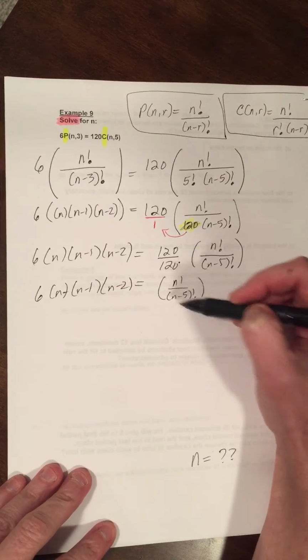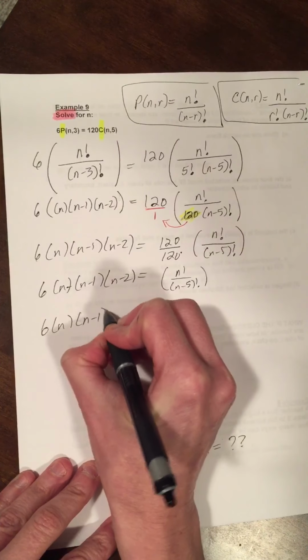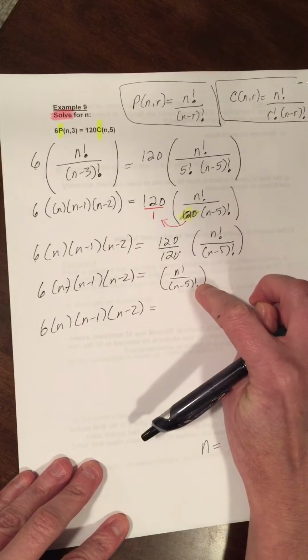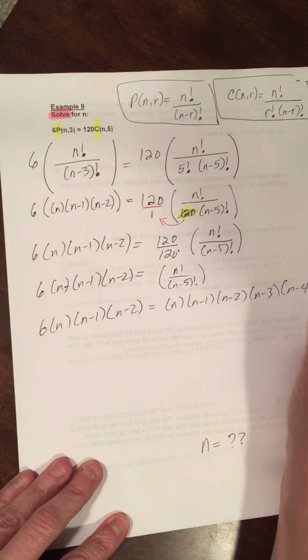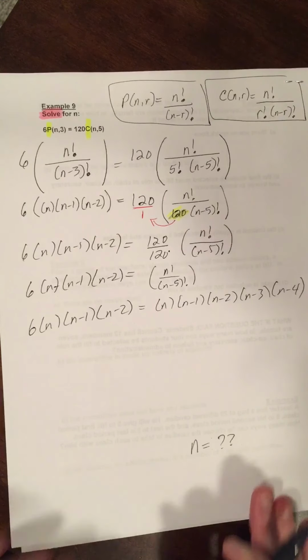It's gone. Now I just have to clean up that factorial. N factorial over n minus 5 factorial is n minus 1, n minus 2, n minus 3, n minus 4, and then everything from n minus 5 would cancel.